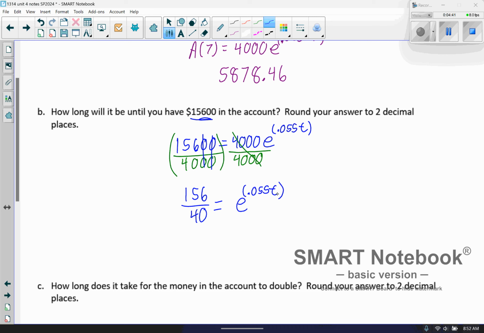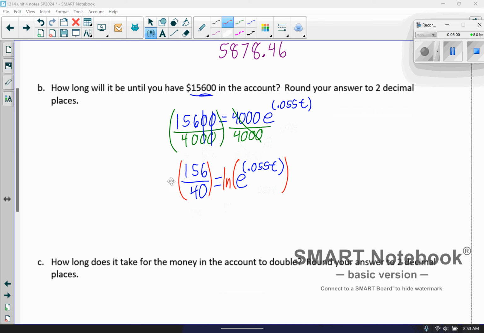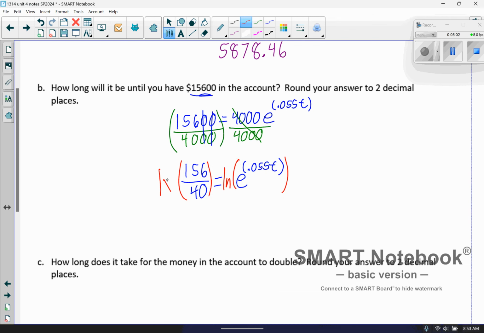0.055 times t. And then to eliminate the base e, what I have to do is take the natural log of both sides. That's why I left that little space right here so that I could take the natural log. When you take the natural log base e, that's going to cancel that out, and it's going to reduce it to what the exponent is.